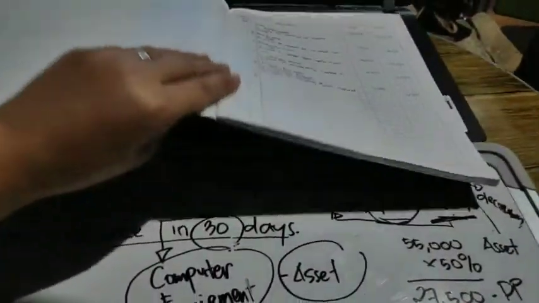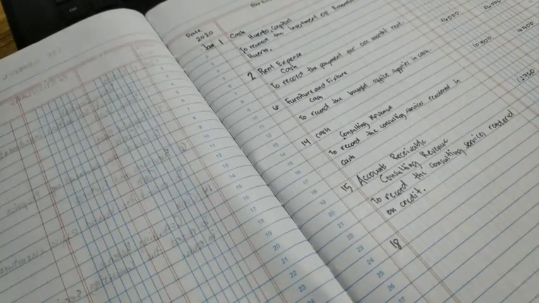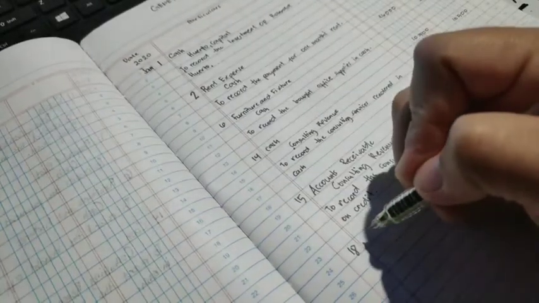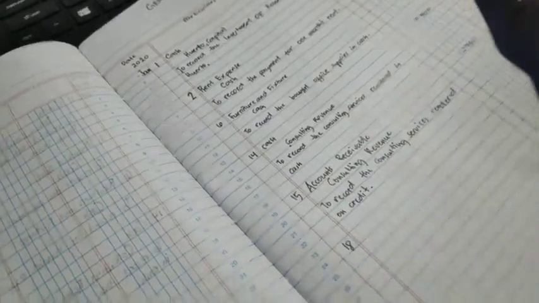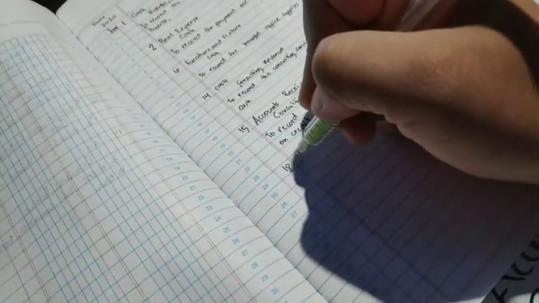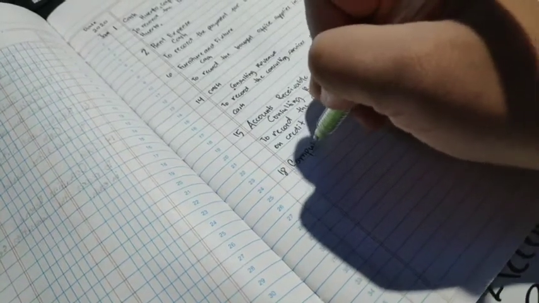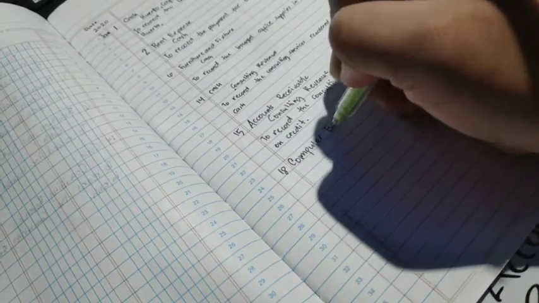So, ganito mo isulat para sa general journal. Okay, so ang una mong isusulat ang iyong debit, which is the computer equipment. So, dapat tandaan na ang una nyo talagang isusulat ay ang inyong debit account.